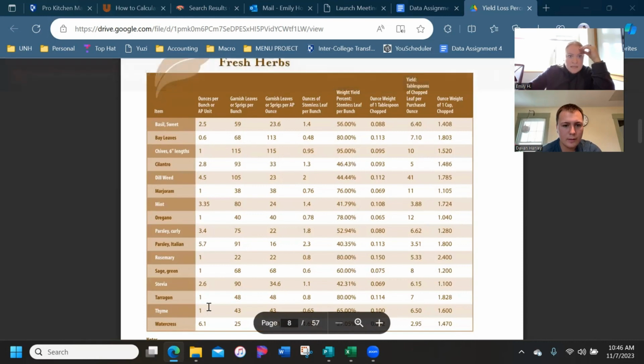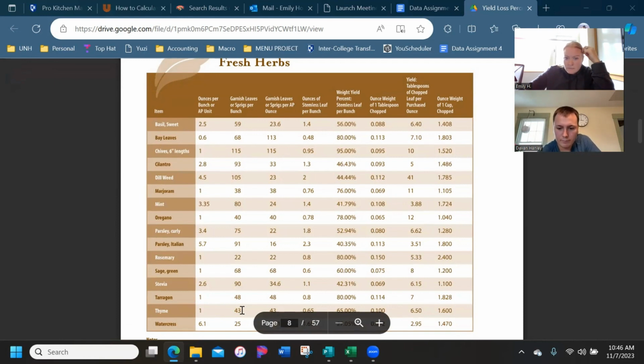Ounces per bunch, 1. But see how the second column is sprigs per bunch? Garnish leaves or sprigs per bunch, there's 43. Wow, that seems like a lot. And then your yield percent, chopped leaves, is 65, which is stemless leaf per bunch.